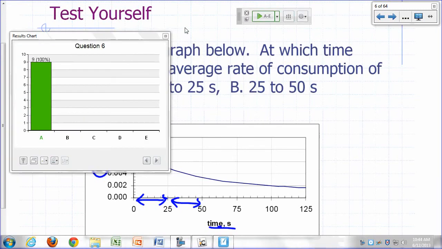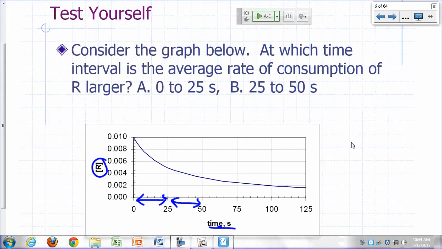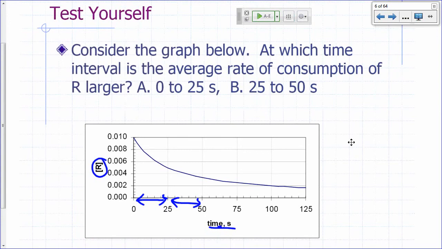0 to 25. Okay? So what you notice typically is that, in general, the rate of a reaction slows down as it progresses. Eventually what happens to the reaction? It stops, right?